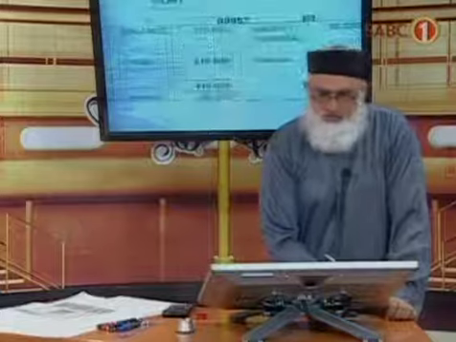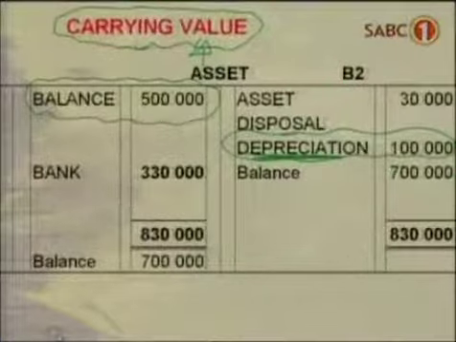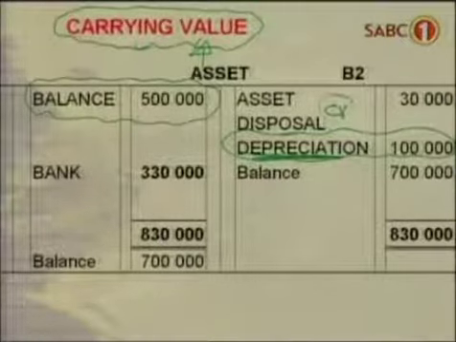The disposal of the asset, right? What was an important feature of the previous account that we did? Just to refresh your memories, a reminder is very good. I had my asset disposal at cost price. Remember that? Watch what happens now. Again, I have the asset disposal, but this time the asset disposal is at carrying value.